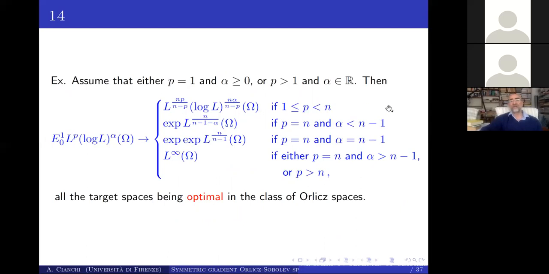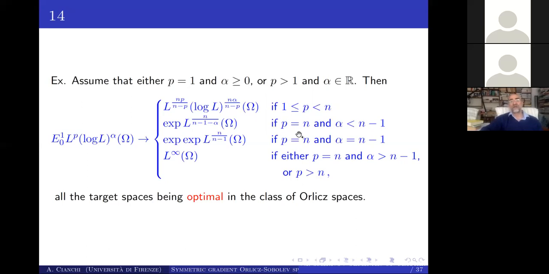And here, depending on the ranges of p and alpha, we have different kinds of targets. So if p is smaller than n, then this space is embedded into the space L p star. This is a Sobolev exponent. And then there is log L again with another exponent here, which depends on alpha and p.